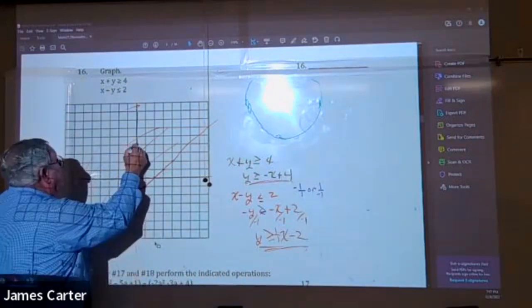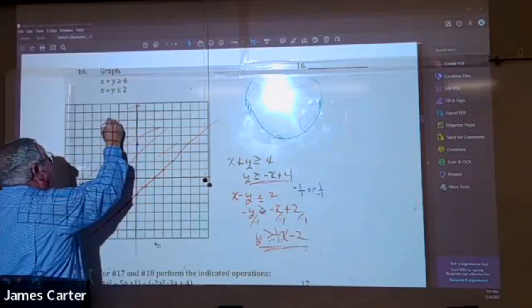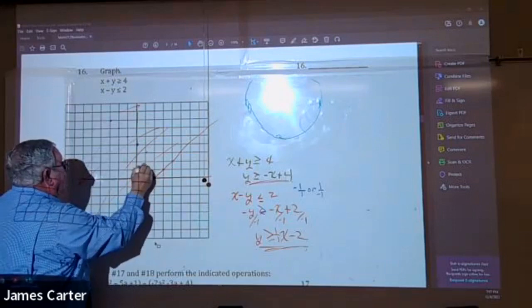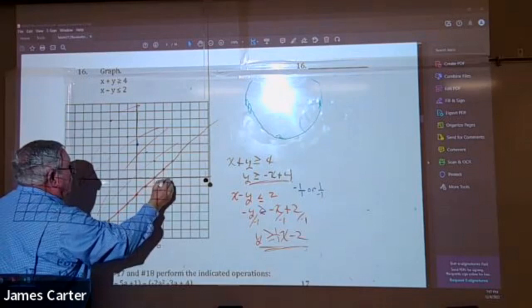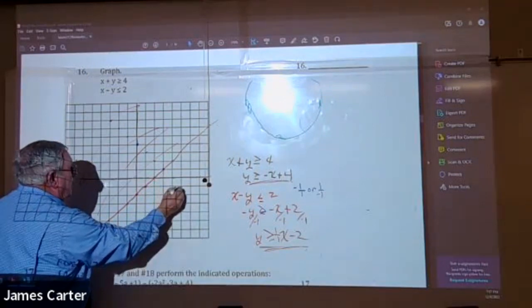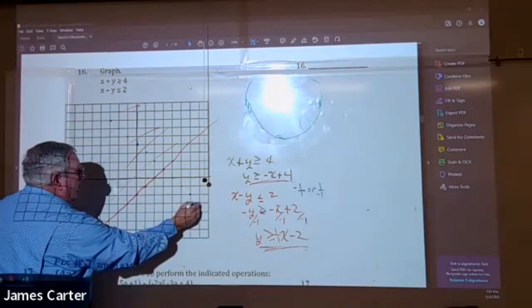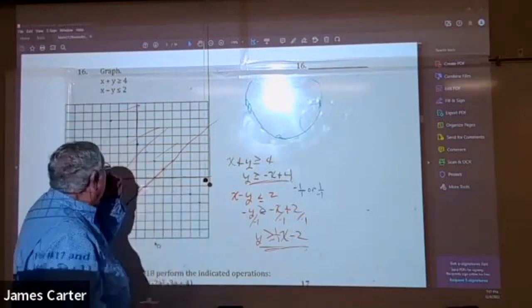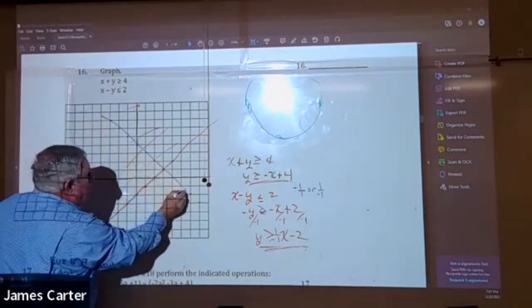So from here I can go up 1, left 1, up 1, left 1, or down 1, right 1, down 1, right 1. I do have a point of intersection there. Actually, if you look at it, no, they're not. Here we go. So here is this line.